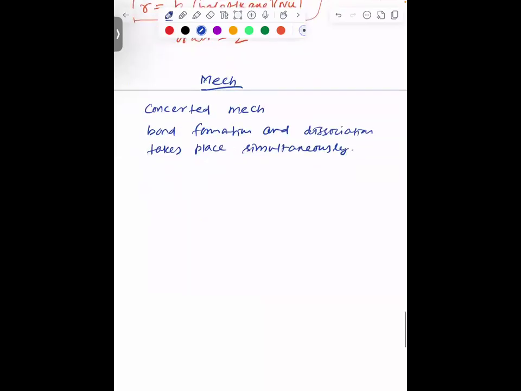We will see that there is a haloalkane, and the nucleophile is supposed to attack from the opposite side of the leaving group. Then the nucleophile starts making a bond with the carbon, and simultaneously the bond between carbon and halogen starts dissociating.